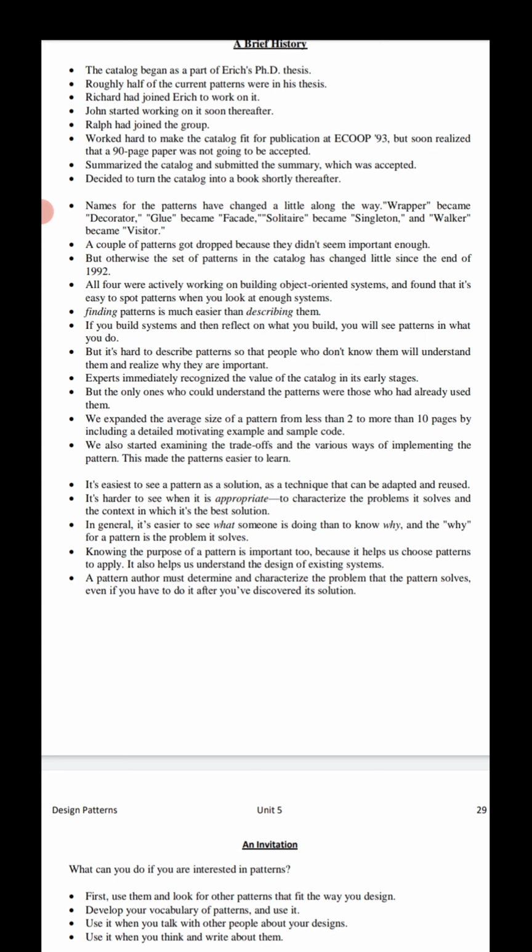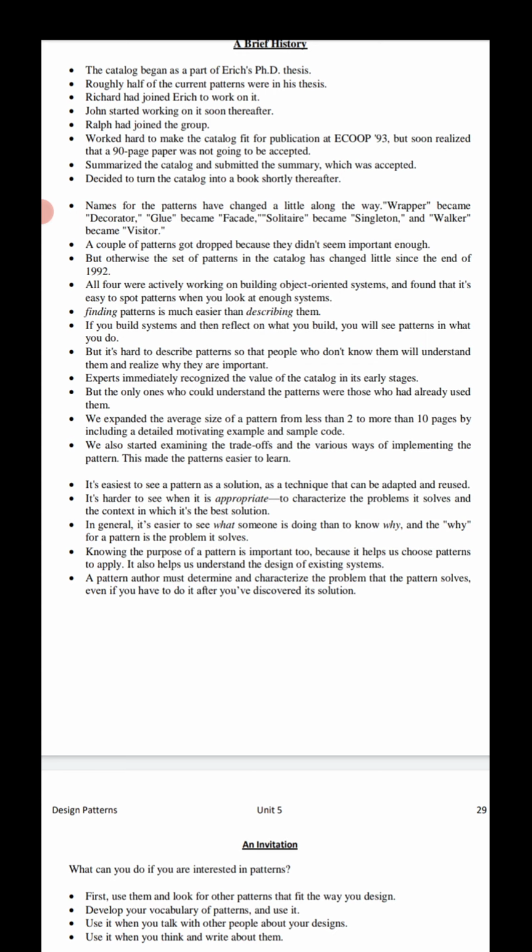Here John started working on it as early as possible, and Ralph also joined this group. So the members worked hard to make the catalog of design patterns. It was fit for publication at ECOOP 93, but they soon realized that a 90-page paper was not going to be accepted.